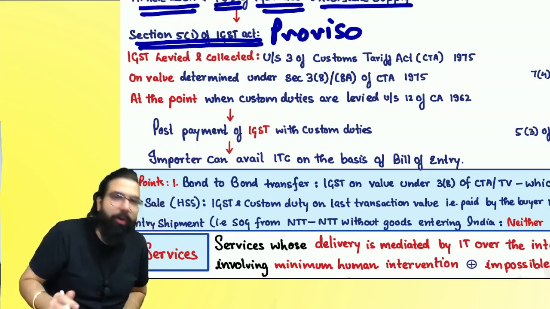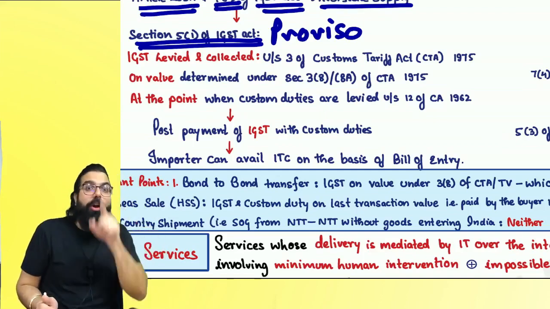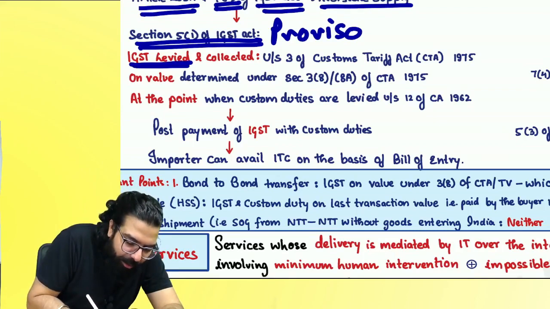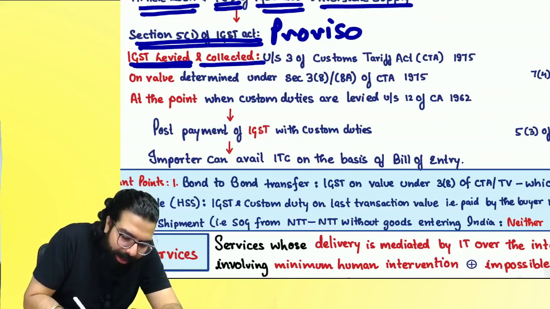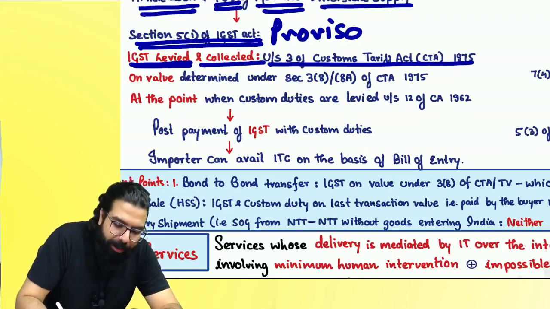Go to Section 5 of your levy of GST chapter. You will see in the corner a proviso which says IGST will be levied and collected under Section 3 of the Customs Tariff Act. Do you remember?